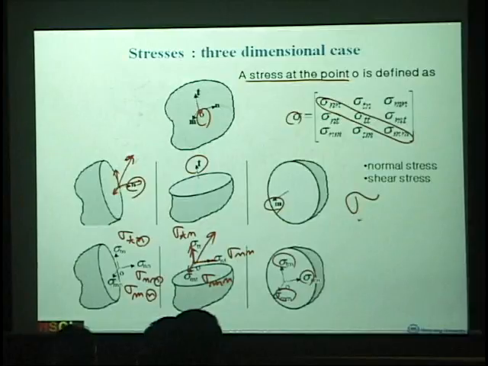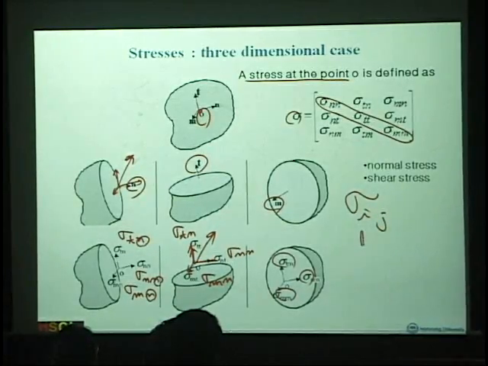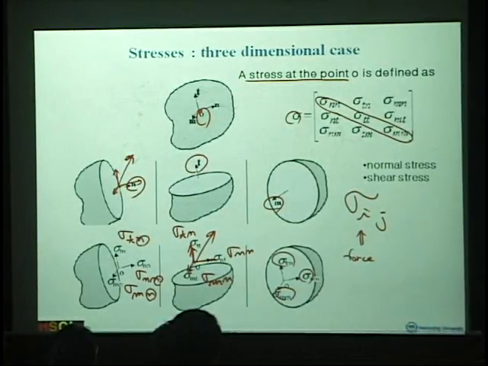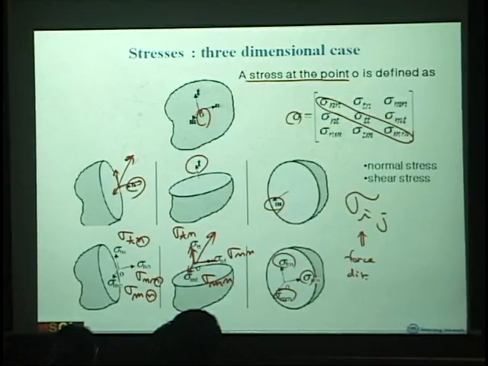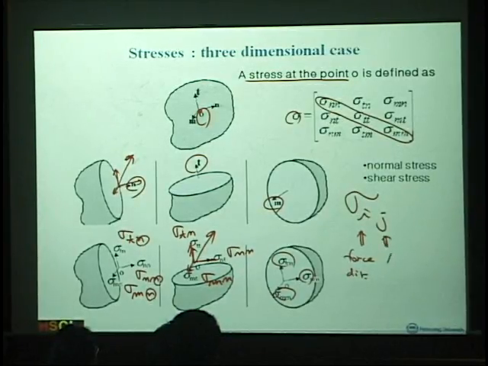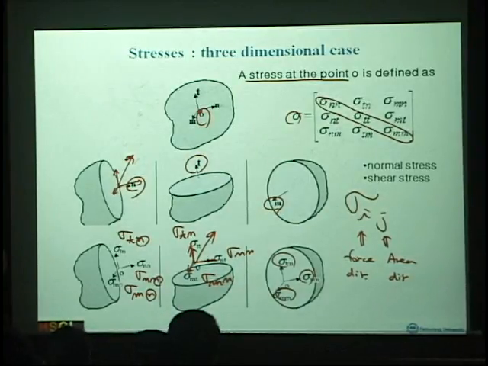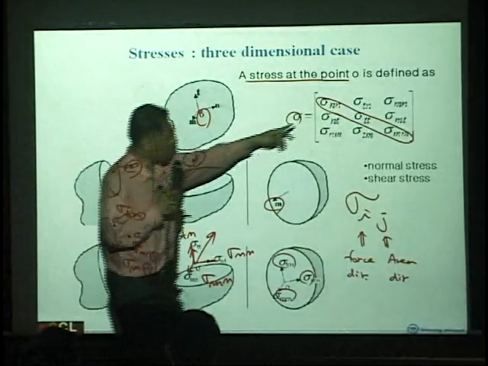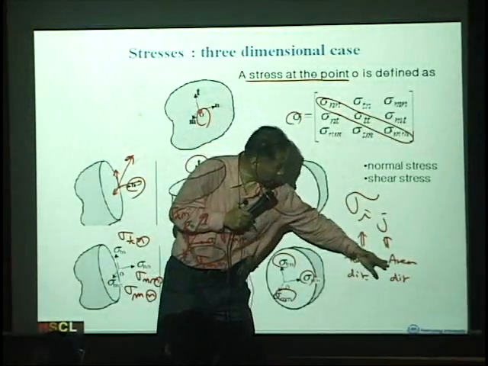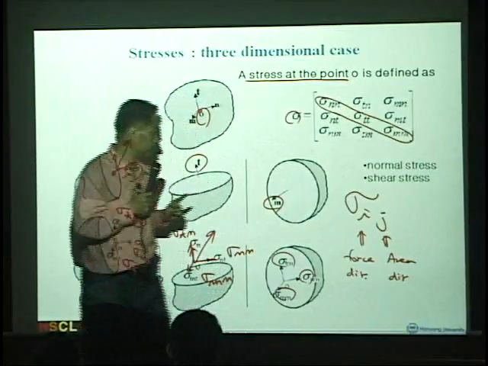So I would say sigma ij, this is the force direction, and this is the area direction, right? So NN means that force and area direction are the same.